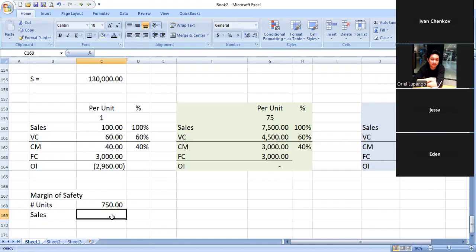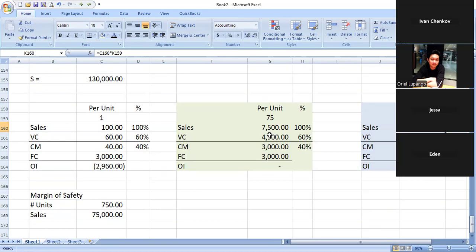How about the sales? The sales margin of safety will be where you are minus where the break-even point is. In this case, you are 75,000 above the break-even. So if your sales drop by 100,000 from where you are, do you have to worry about it? No. Why?